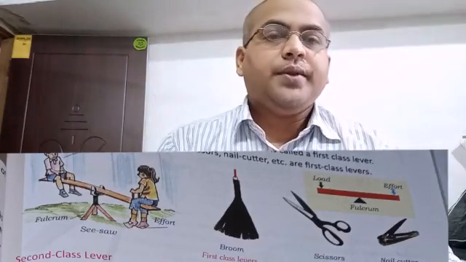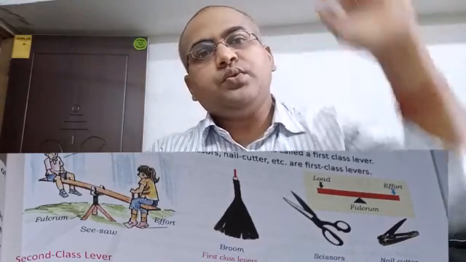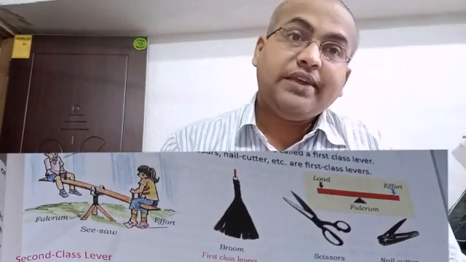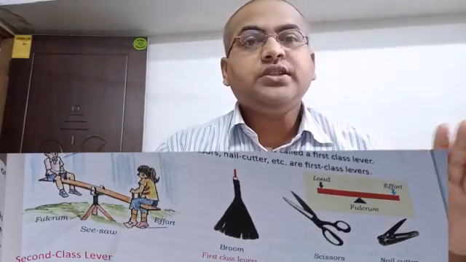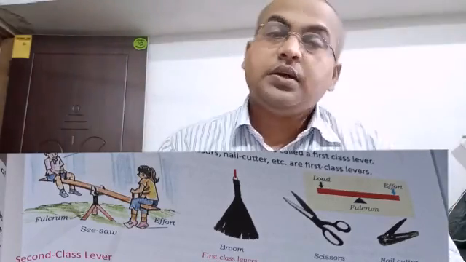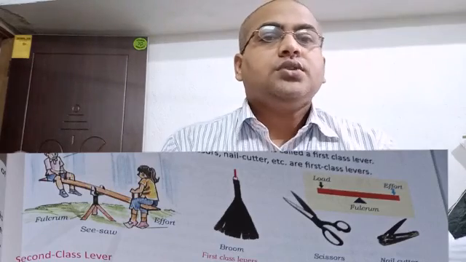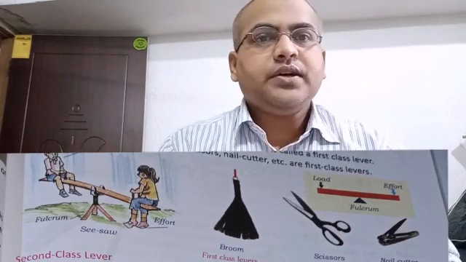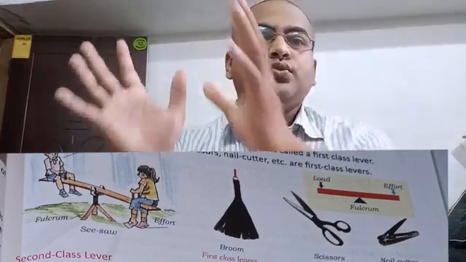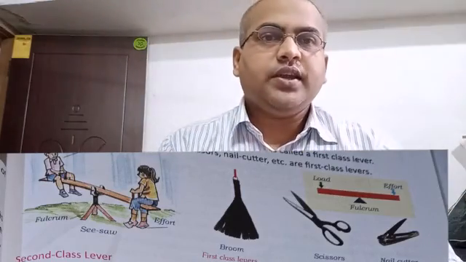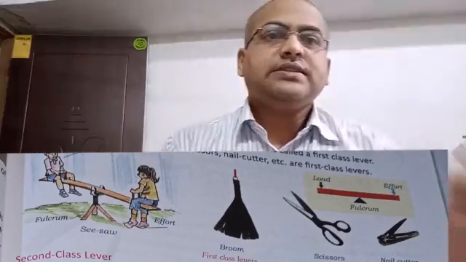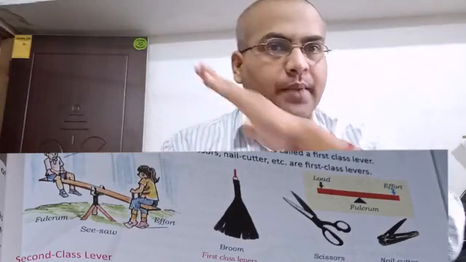In the same way, the roads which are going towards the hills are inclined planes. In the same way, the sides of bridges are also inclined planes. So in this way, inclined planes help us to move heavy loads upwards. Okay, so as I told you, inclined planes are a piece of wood like a ramp.